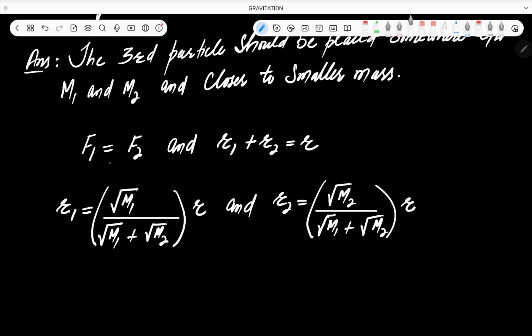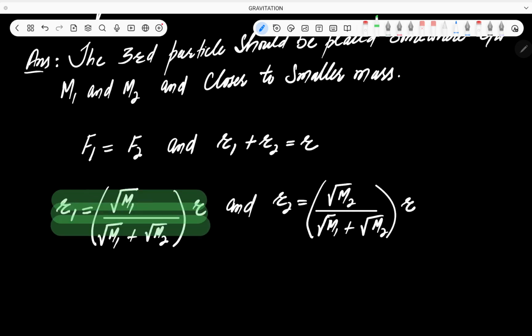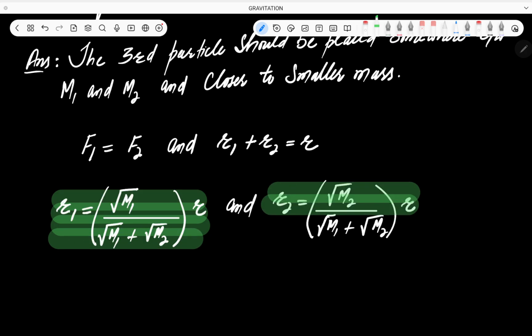We can easily solve these two equations and get the values of r1 and r2, but eventually you will have to memorize these end results for the sake of problem solving. So this is the value of r1 and this is the value of r2.